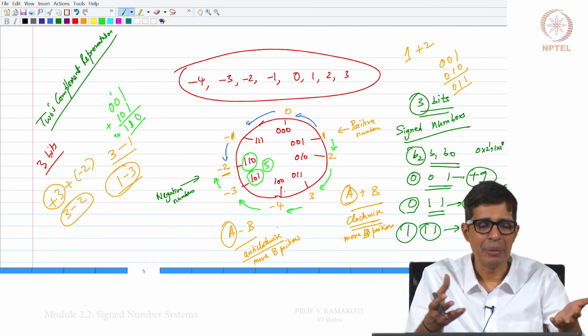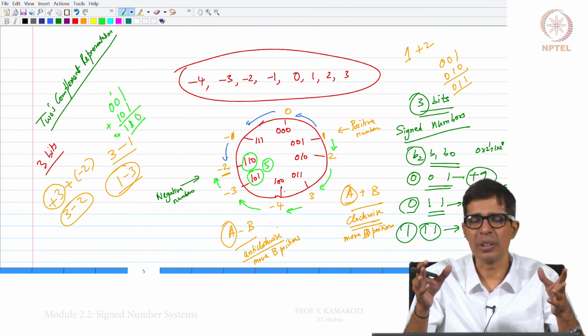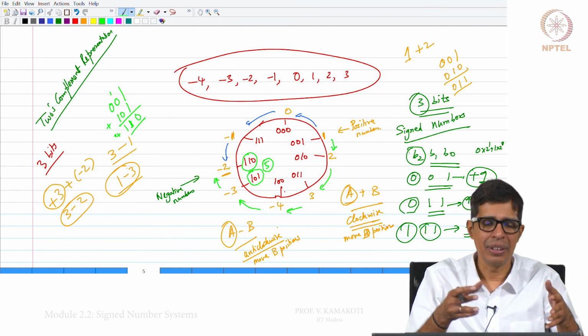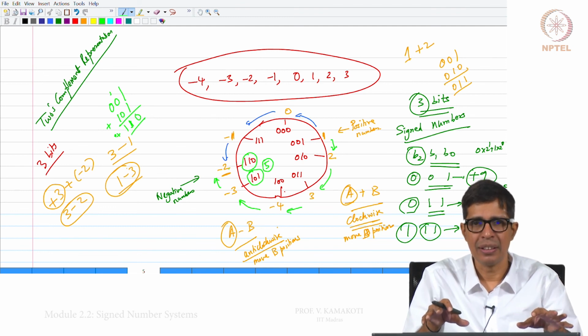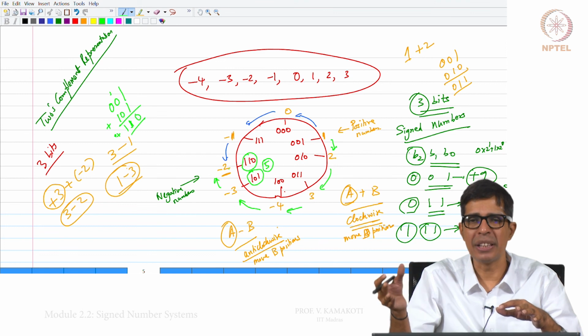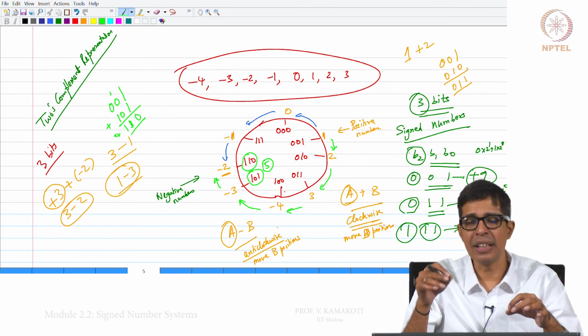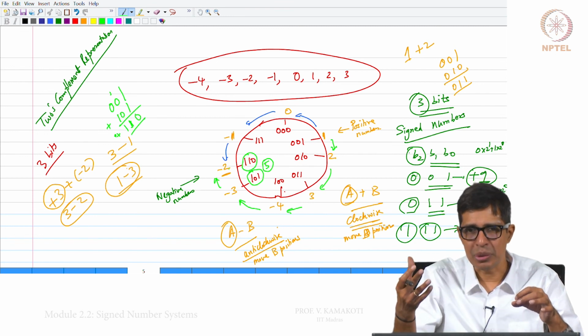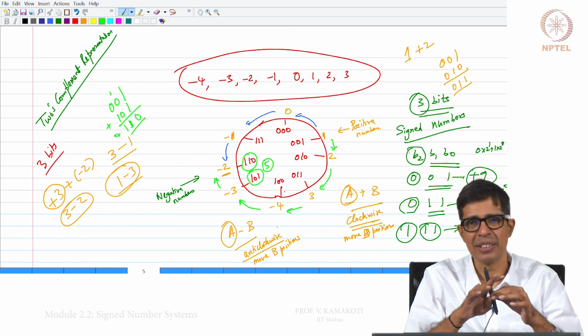There are many introductions to 2's complement. Just have a look, a 5-minute read will basically brush you up in addition to what I have covered here. We will now go to the next module where we will understand, given a number, how to generate its 2's complement. We will see from a hardware perspective. Thank you.